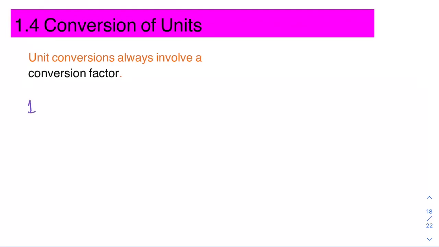The basic one is 1 mile, in US customary. 1 mile is equivalent to 1609 meter, equivalent to 1.609 kilometer. Or we can have another one, 1 meter.